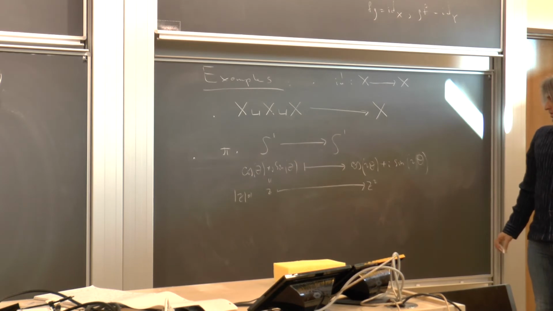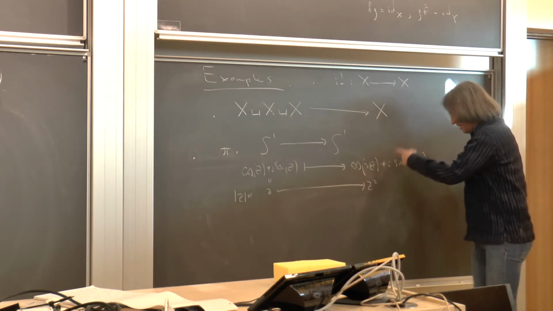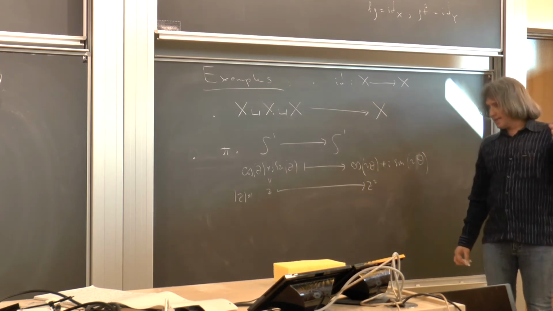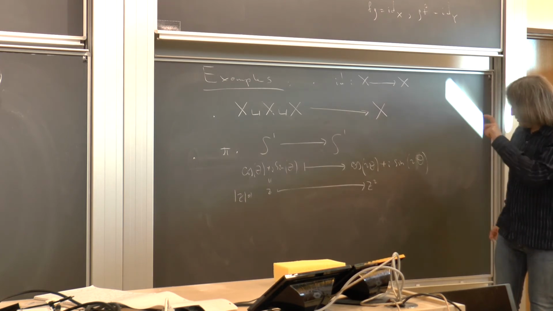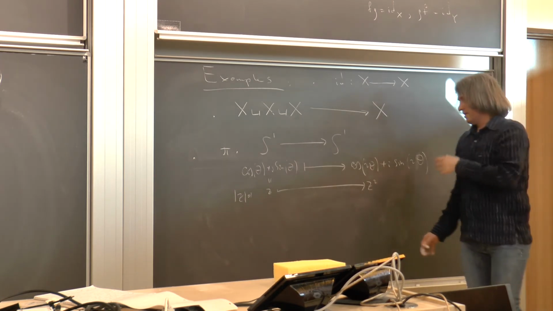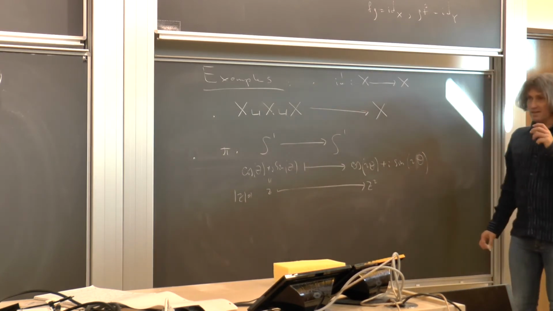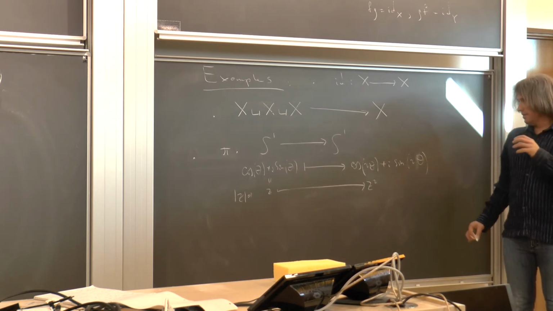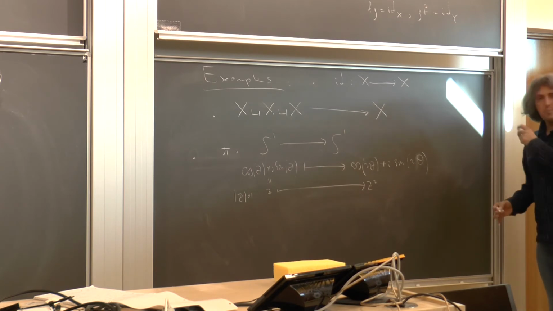It's clear that for every complex number with absolute value equal to 1, there are exactly 2 square roots, both of them on the unit circle, and locally the map is 1 to 1.